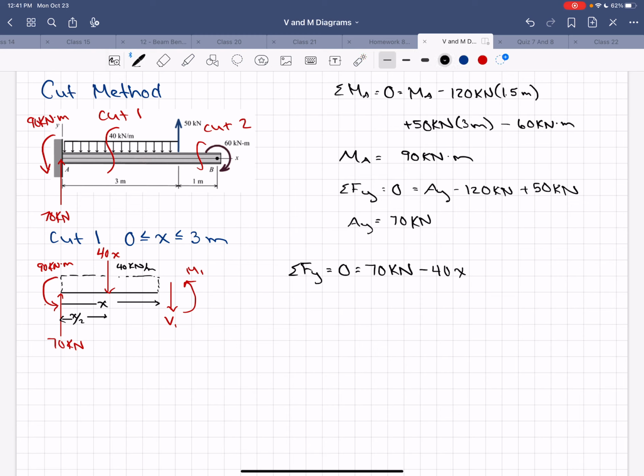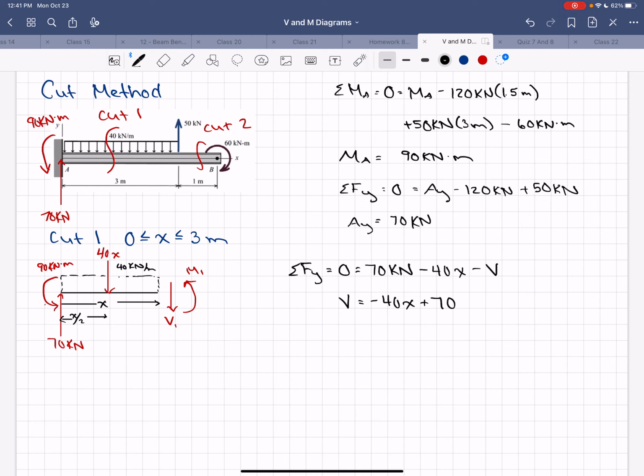Alright, so we have 70 kilonewtons minus 40x, and then we have to subtract the V that we're solving for, and if we rearrange this, V equals negative 40x plus 70.